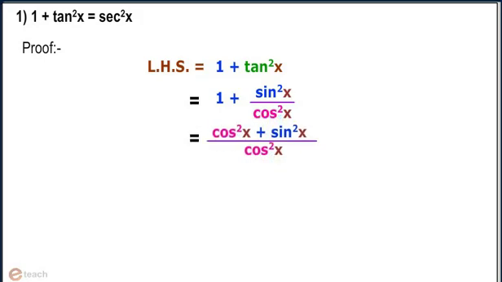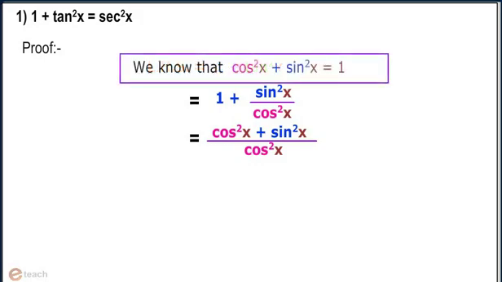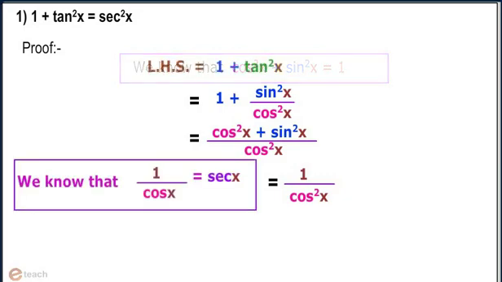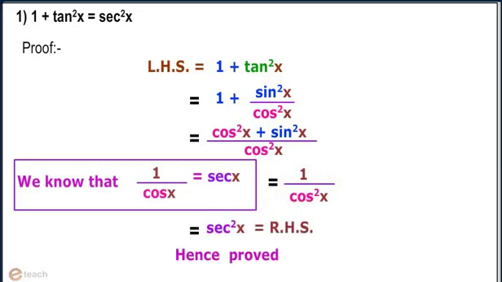On simplifying, we get (cos square x plus sin square x) by cos square x. We know that cos square x plus sin square x equals 1. So this could be simplified to 1 by cos square x. We know that 1 by cos x equals sec x. So we get sec square x, which is equal to the right hand side, hence proved.